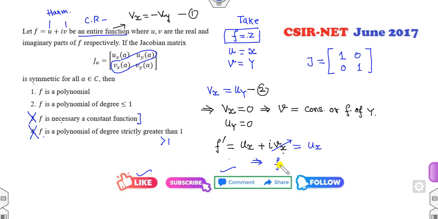If you integrate, u is a function of this, or you can say it is in terms of z. Clear? So that means the function is a polynomial of degree less than or equal to 1. Is it a polynomial of degree less than or equal to 1? Yes, this is also correct.